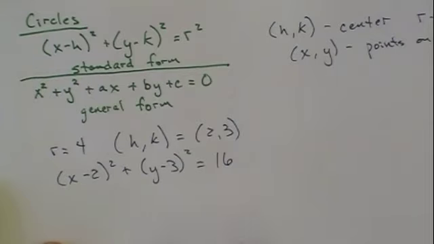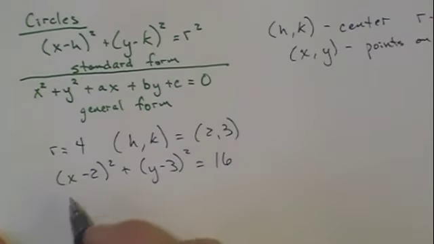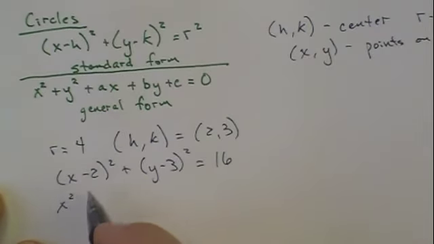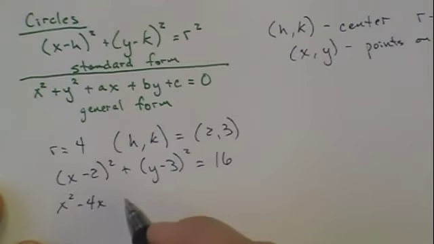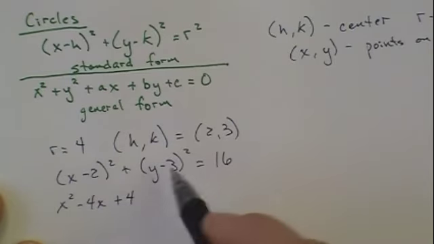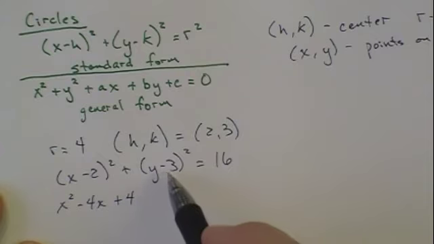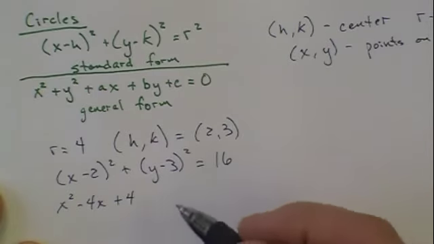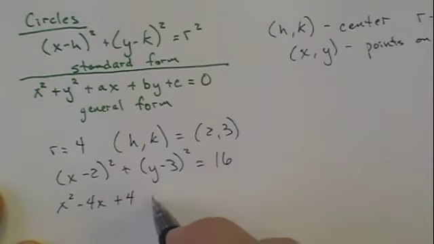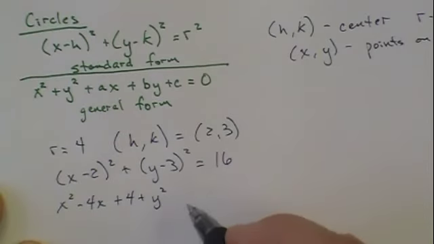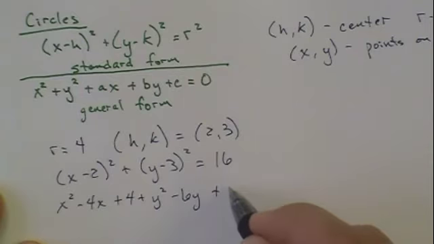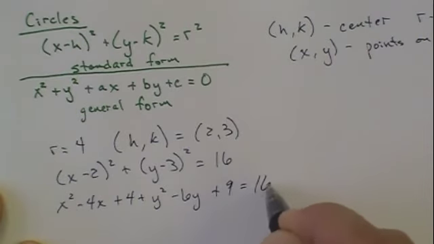Now if we want to go ahead and square this quantity, we would have x squared minus 4x plus 4. And if we square this quantity, so we have y minus 3 times y minus 3, remember to use FOIL, we would end up with y squared minus 6y plus 9. And this is all still equal to 16.